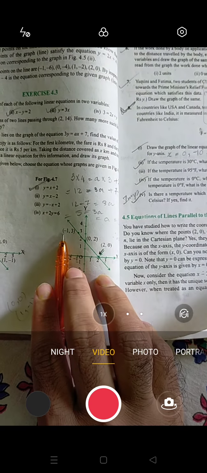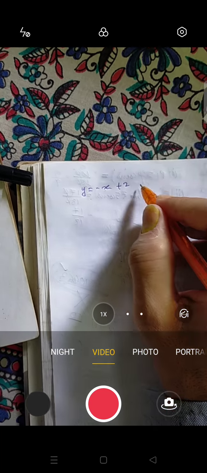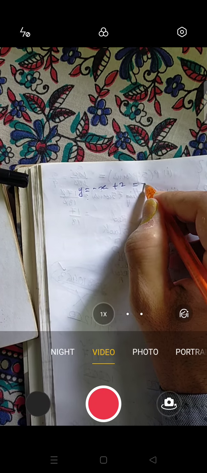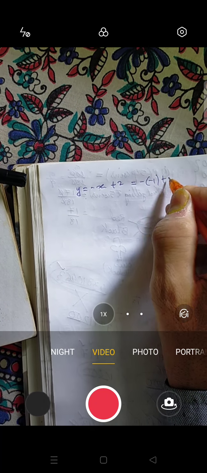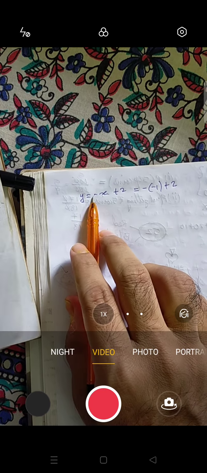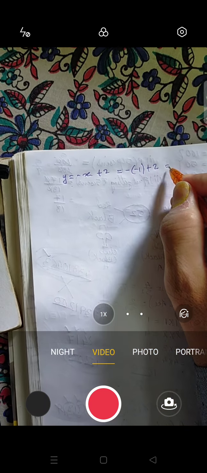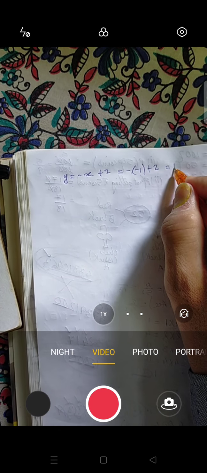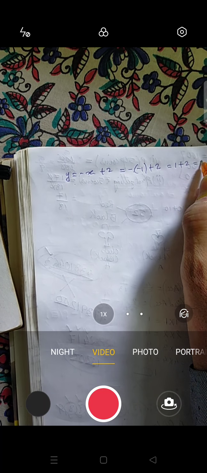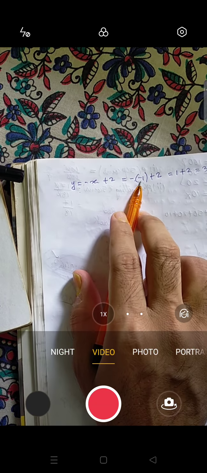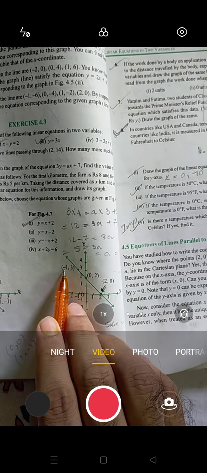Now here x is -1. So if I substitute x as -1, I am writing it over here: minus of -1, plus 2. Minus is already there in the question, and x is -1. Now minus minus is plus, so plus 1 plus 2, so this will become 3. That means if we substitute x as -1, we are getting y as 3. So just see, x as -1, y is 3.